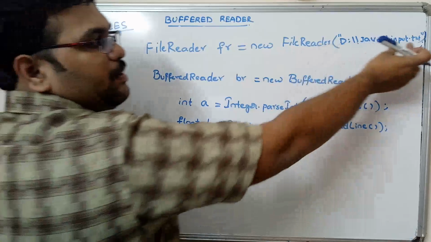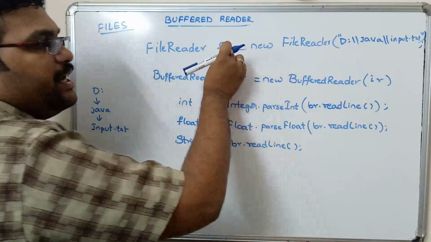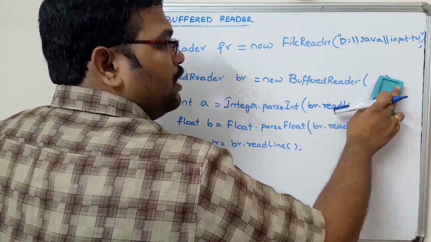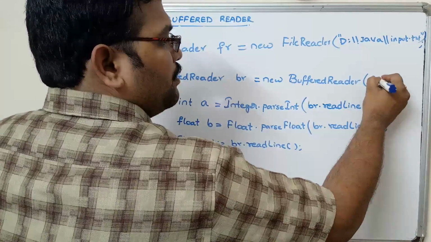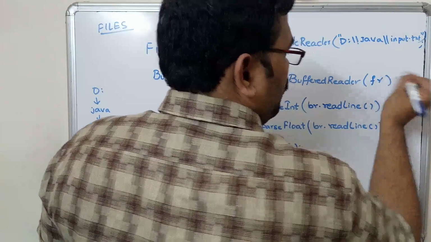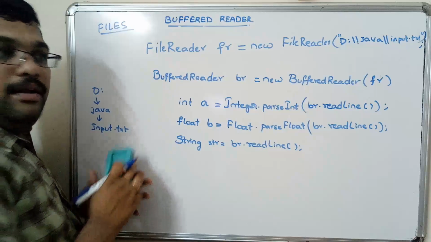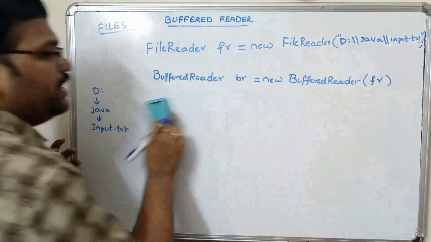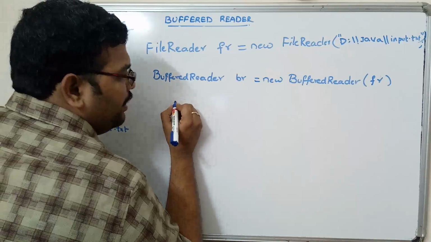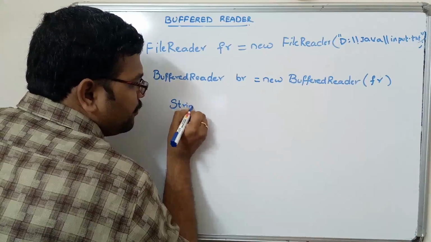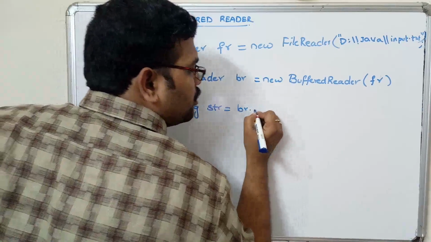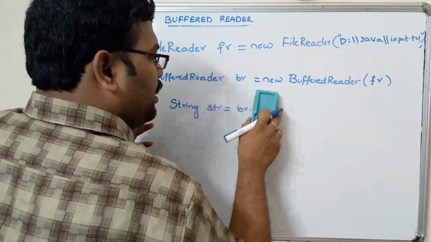So in the first step, from the input.txt, the bytes will be read by using this fr object, and here we have to read the data from fr. So here also we can read only the data in a character set. So we can directly read some string str is equal to br.readLine().